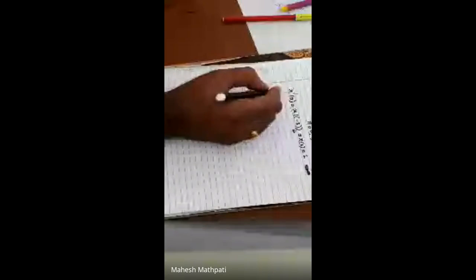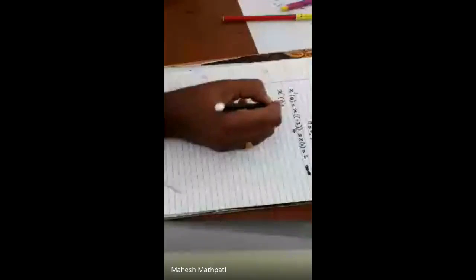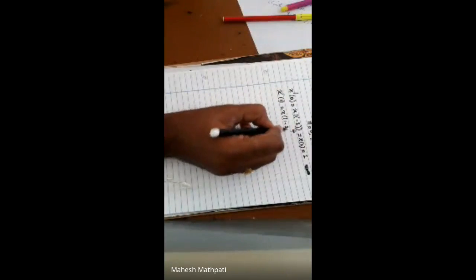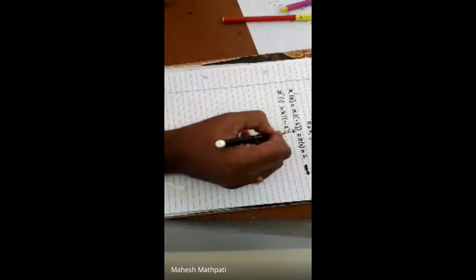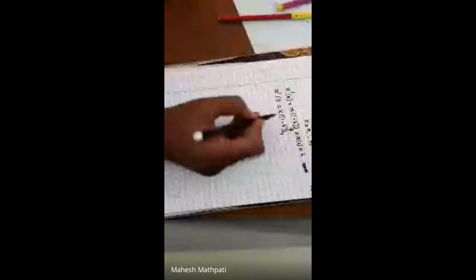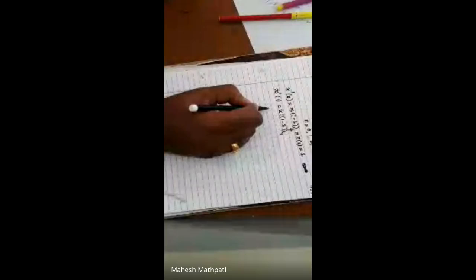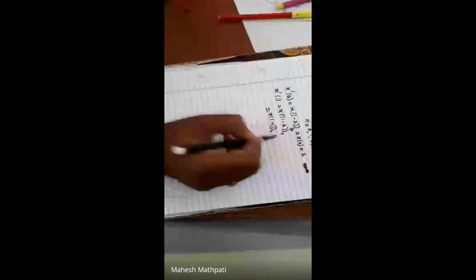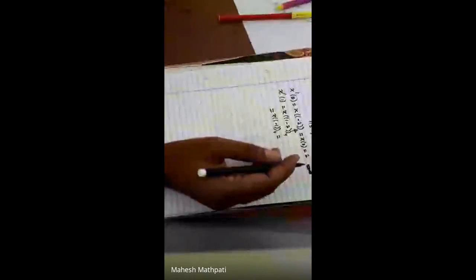The next, x dash of 1 equals x of (1 minus 2) modulo 4. What does this come to? Which equals x of (minus 1) modulo 4, which equals, what can I write? x of 3. It is 4 minus 1.